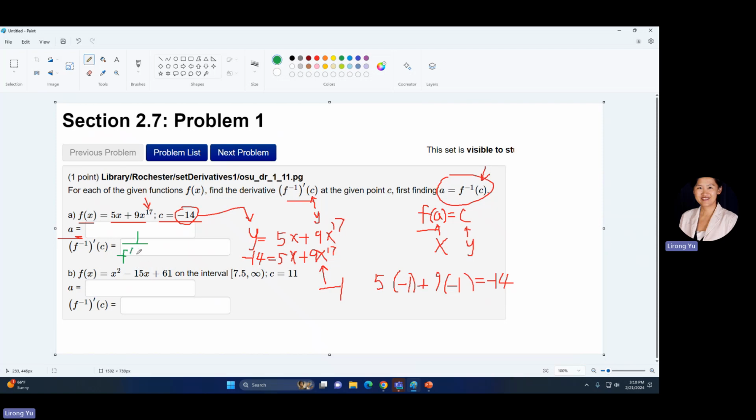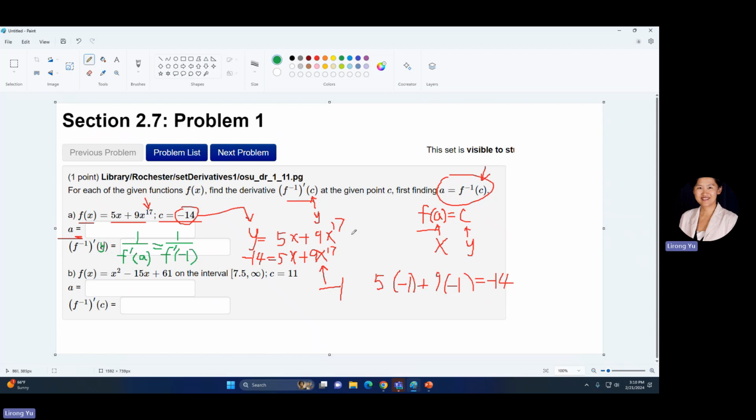We plug in a, the y for the inverse but the x for the original. So we calculate 1 over f prime of a, where a is negative 1. You find the derivative of the original function and calculate it.